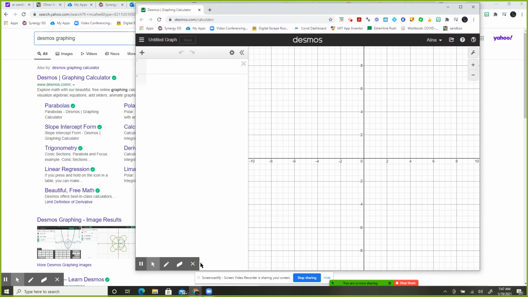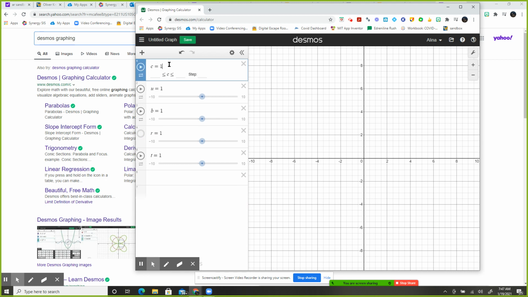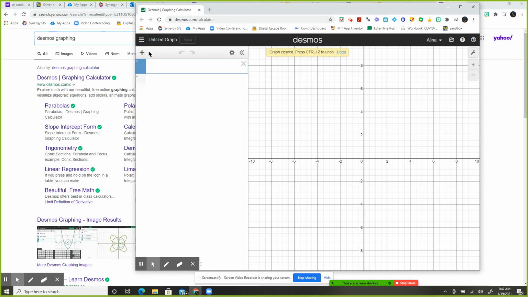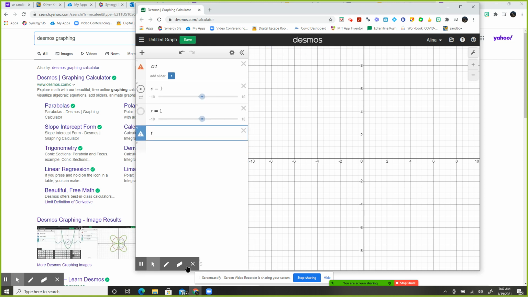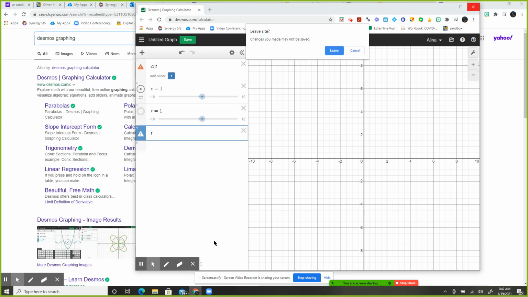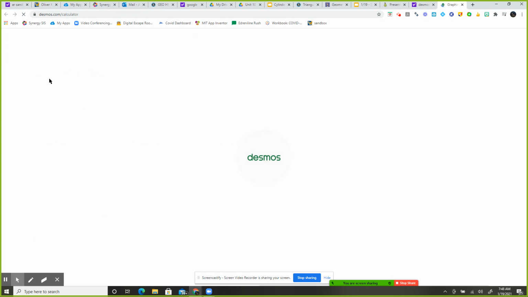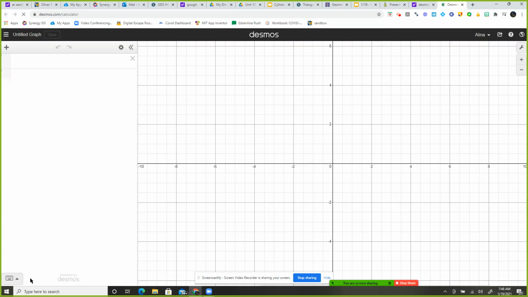Oh, darn it. It's still not going to work. Wonder if I can do this. Cube root. Nope. Doesn't work. All right. Hold on one second. I got to stop sharing. Oh, this is what I can do. All right. I'm going to get smart. Maybe not. There we go. All right.